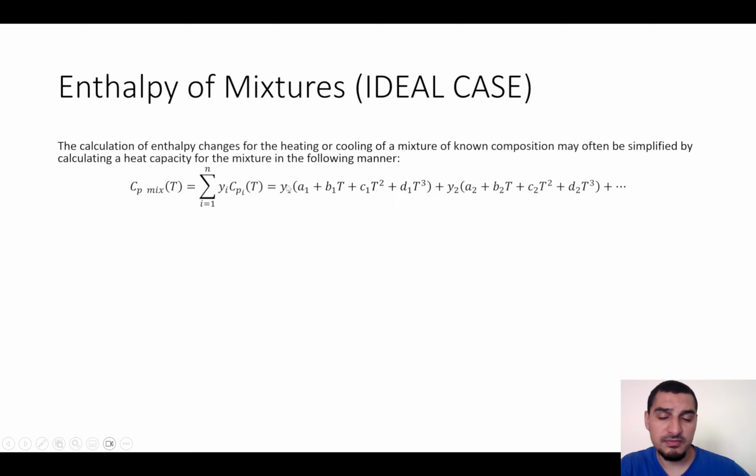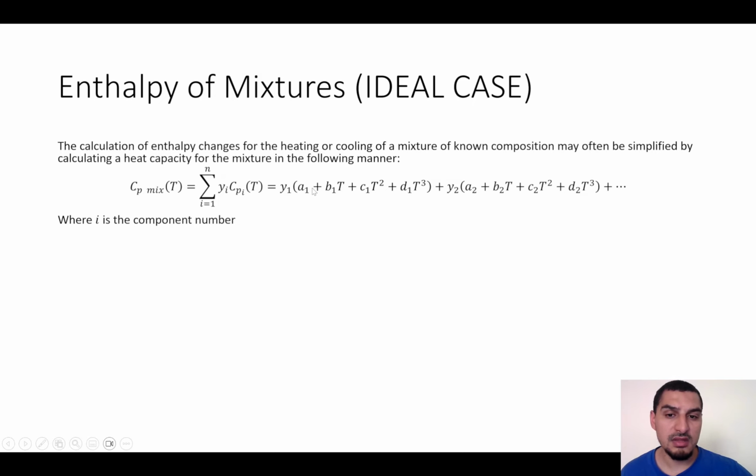So if I have n components, then i is component 1, 2, 3 up to n, where n is the number of components in the mixture. So it's the mole fraction of the first multiplied by the Cp of the first. The Cp is a constant plus a constant multiplied by T plus a constant multiplied by T squared plus a constant multiplied by T to the power 3. This is the most common form that we deal with.